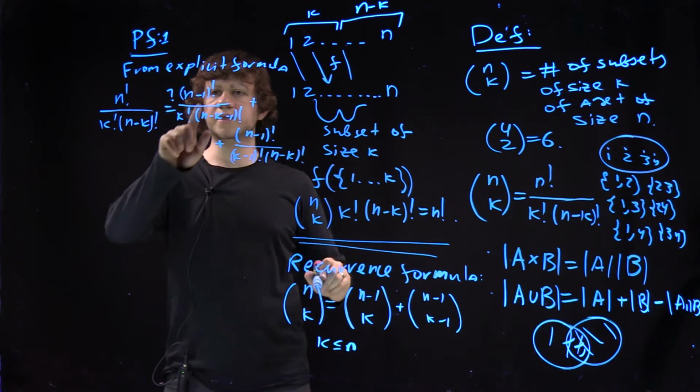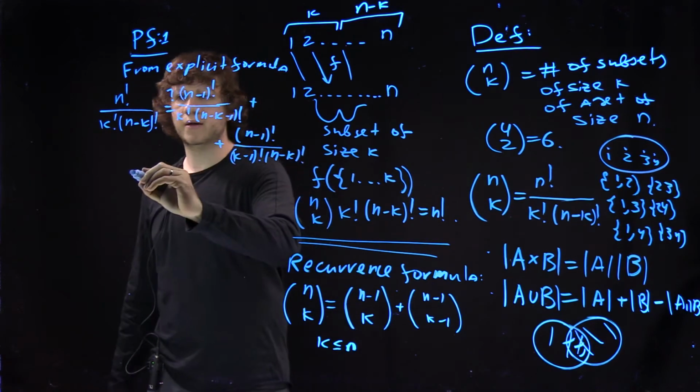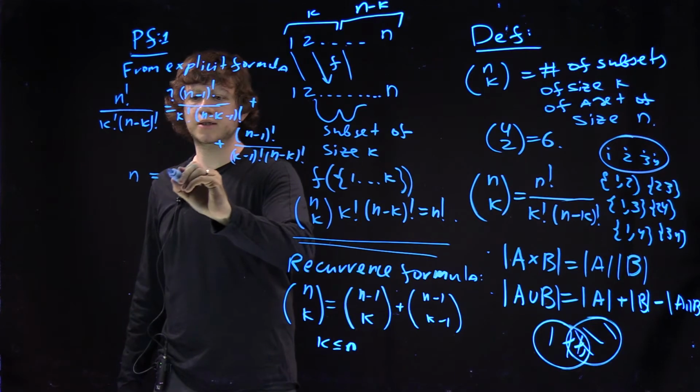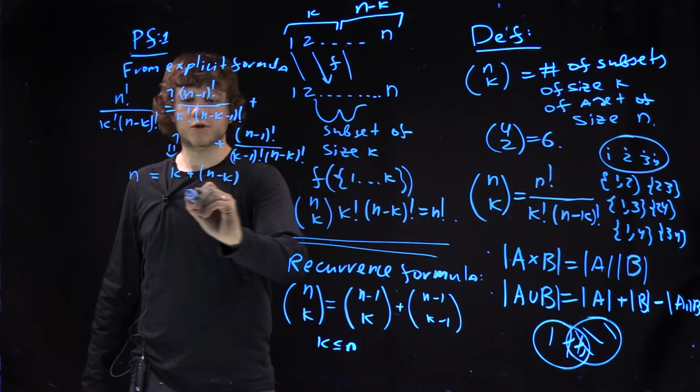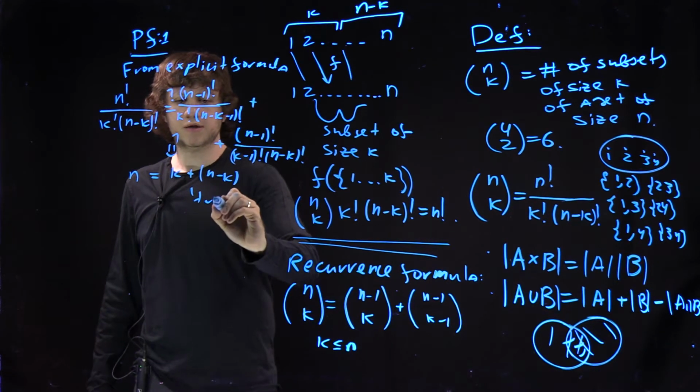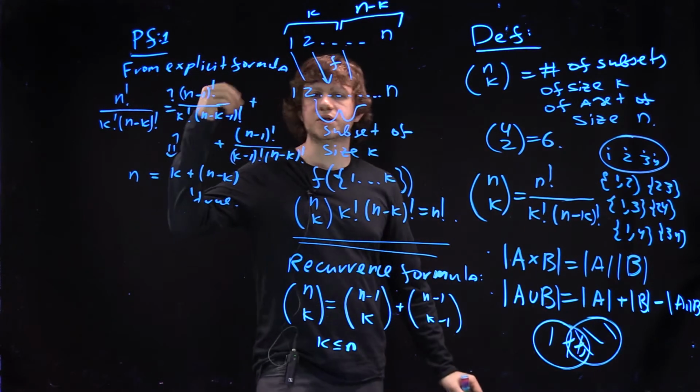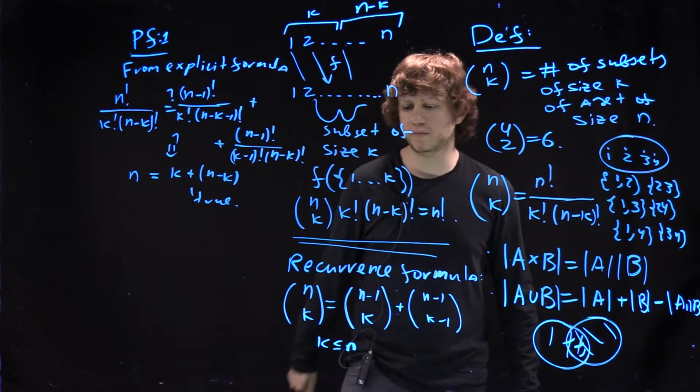When you divide by n minus 1 factorial and multiply out, you get the equality. It's equivalent to n equals k plus n minus k, which is true. So there is a really simple, direct proof from the explicit formula.